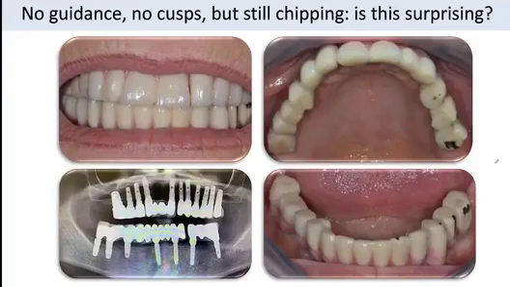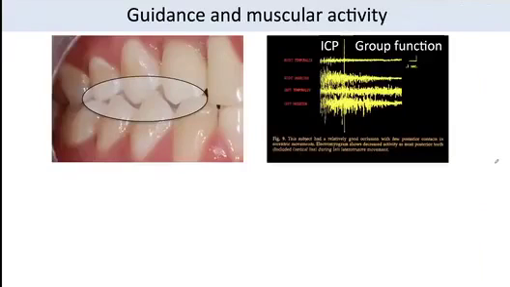Full arch, many implants, no cusp. Everything is flat, but still chipping. Is it surprising? Absolutely not. No guidance, more chipping. For two reasons. It is difficult to adjust, and also because there is intense muscular activity.